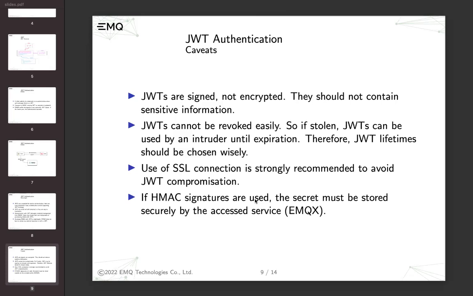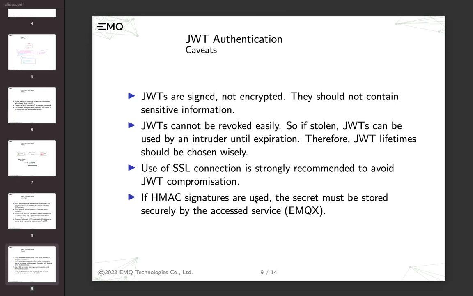And after that, a malicious user can use these tokens until they expire. So first, JSON Web Token lifetimes should be chosen correctly, so that there are no long-living JSON Web Tokens.